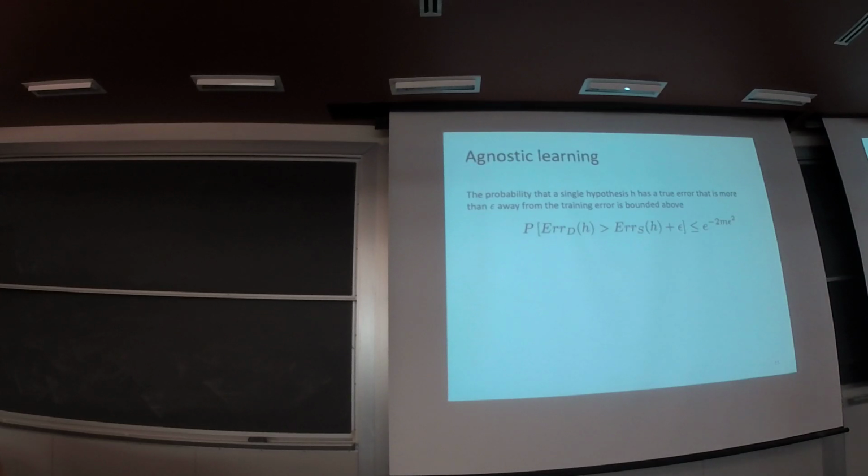Okay, so now from the Hoeffding inequality, the probability that a particular hypothesis H has a true error more than epsilon away from the training error is bounded by this exponential term. But this is still not sufficient for us to characterize the performance of a learning algorithm. Why?